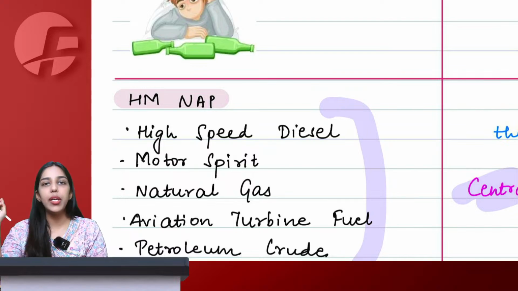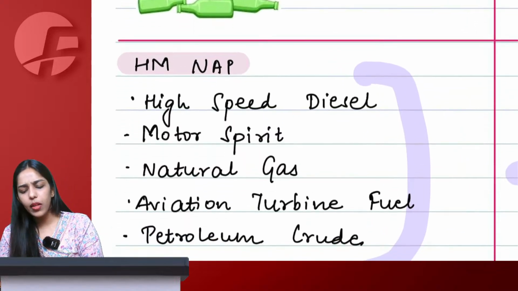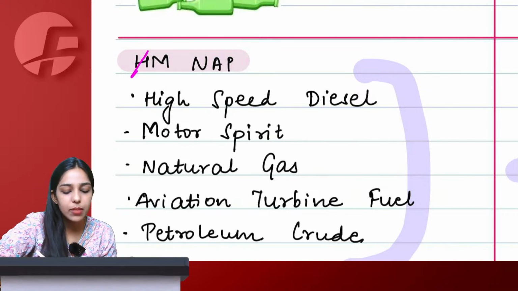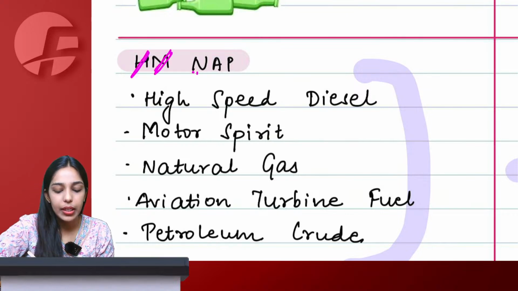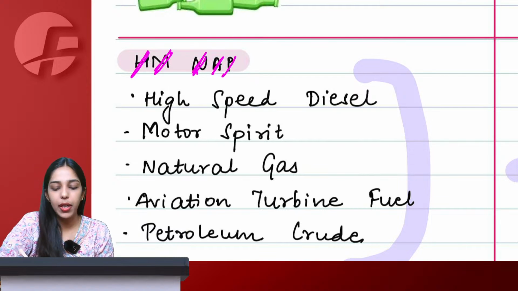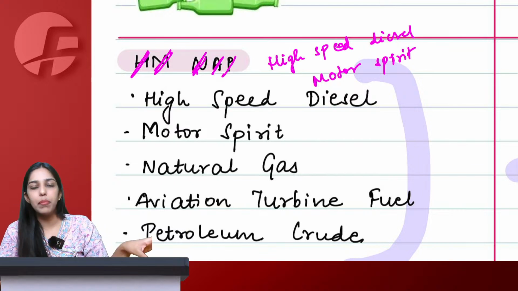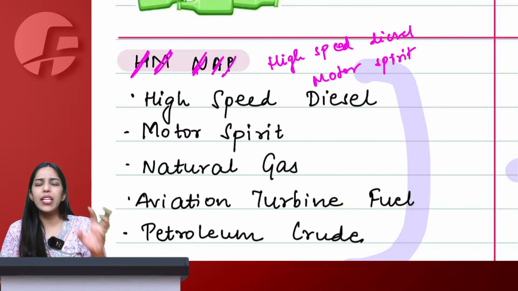Be with me, everyone in the chat section. Full form of HNAP: high speed diesel, motor spirit, natural gas, aviation turbine fuel and petroleum crude. Ma'am, you also write with us. I'm not expecting you to write full sentences or full handwriting or full spelling.